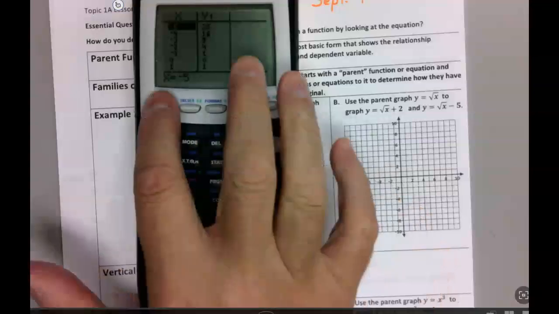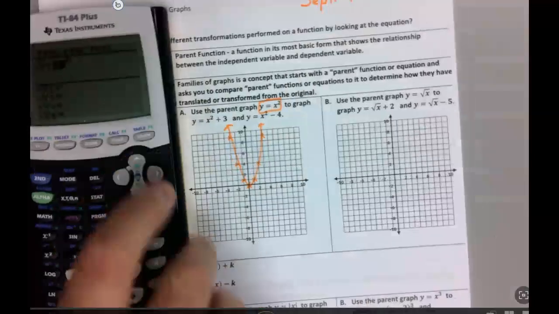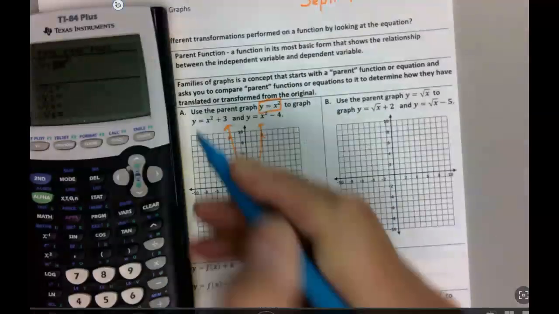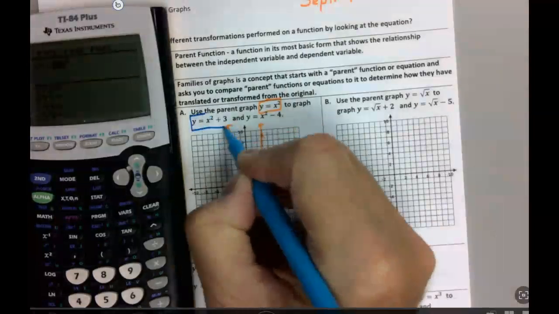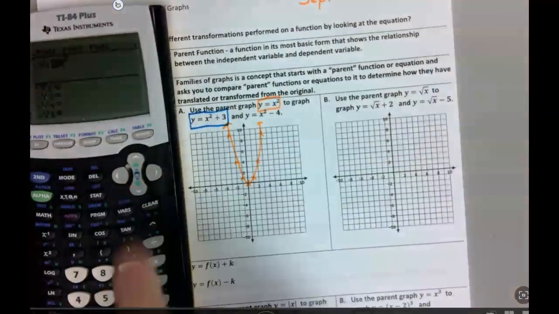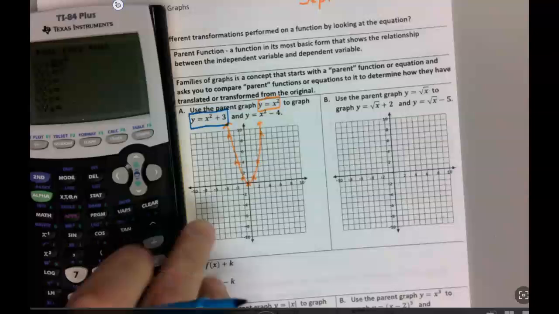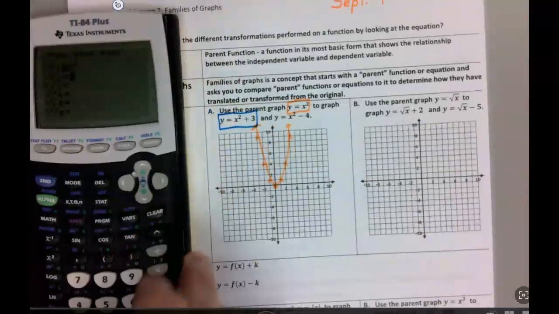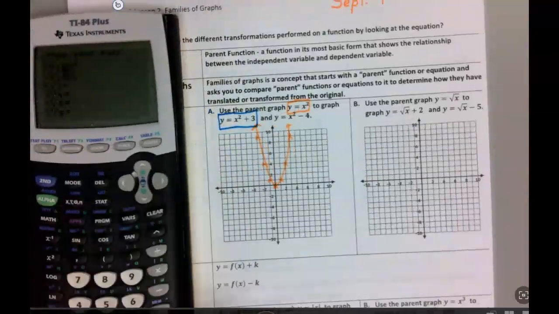Now go to y equals. Now let's put in the next one, which is x squared plus 3, and see what it does. So arrow down to y2, and now we're going to go x again, squared, and then hit plus 3.